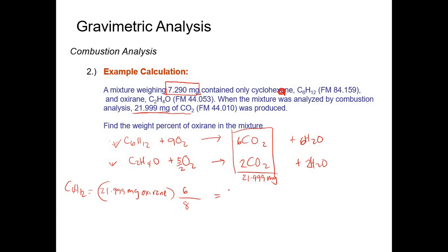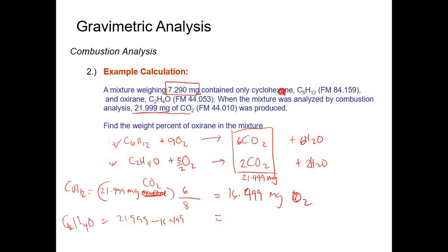So 16.499 milligrams of CO2 comes from C6H12, whereas 21.999 minus 16.499 comes from oxirane, C2H4O.